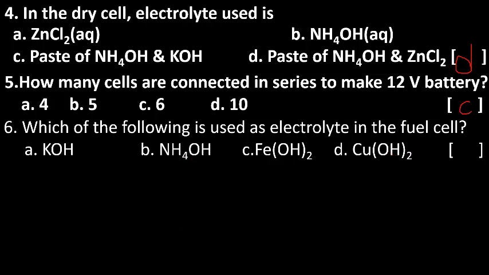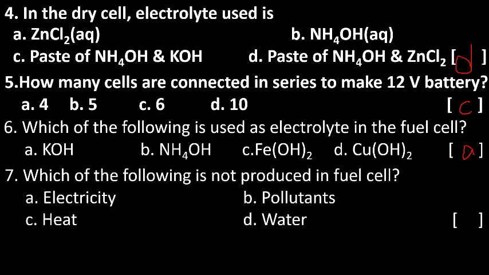The correct option is A, that is KOH. Which of the following is not produced in the fuel cell? A. Electricity, B. Pollutants, C. Heat, and D. Water. Pollutants are not produced in the fuel cell. Therefore, the correct option is B. Pollutants.